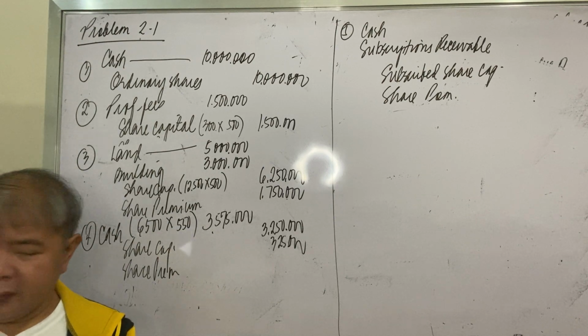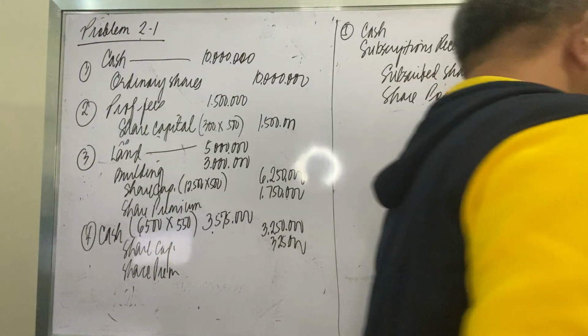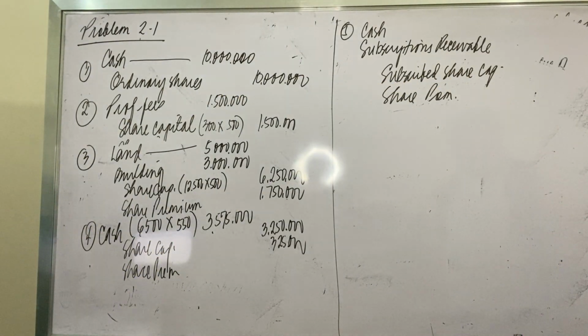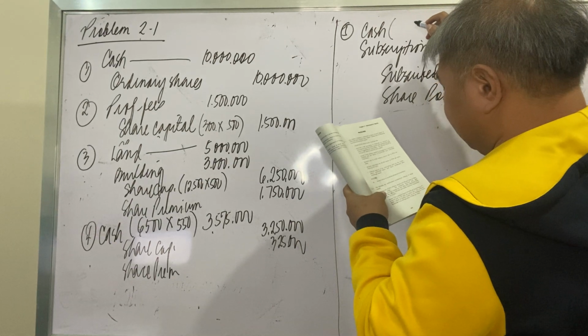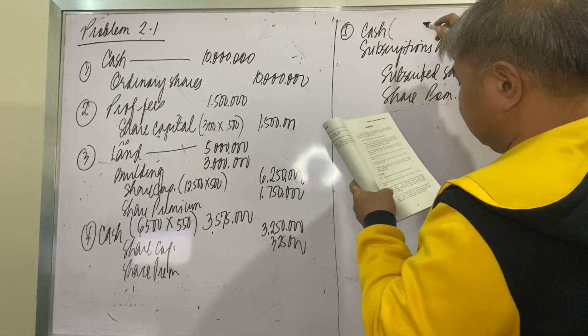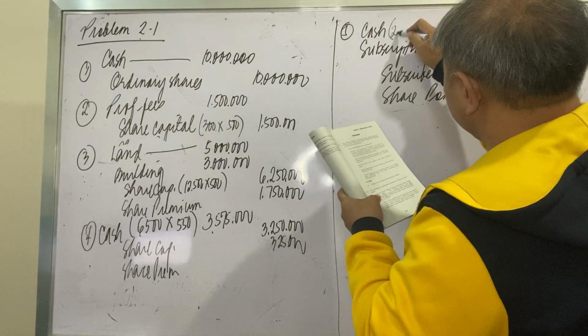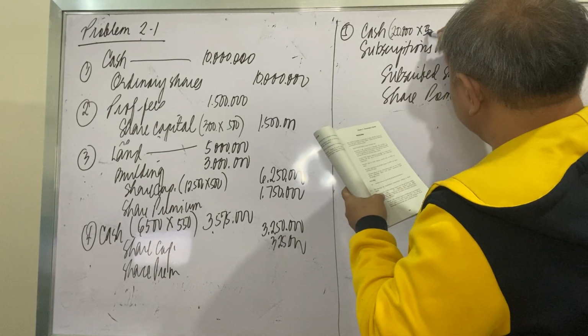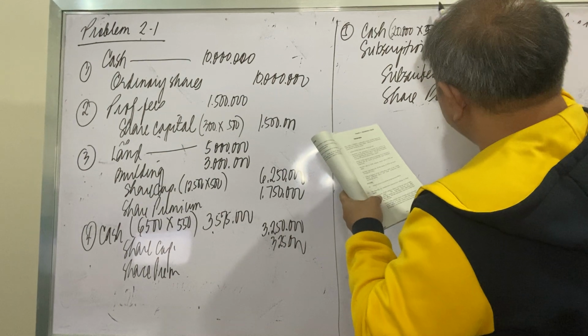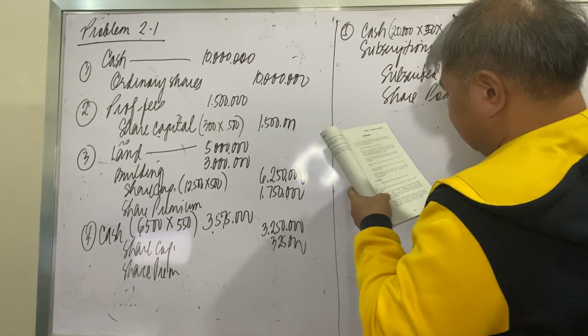Okay, let us solve. So therefore, the cash is 25%. Right? So how much will you sell through subscription? 20,000 shares multiplied by 550. Sorry, 550 times 20.